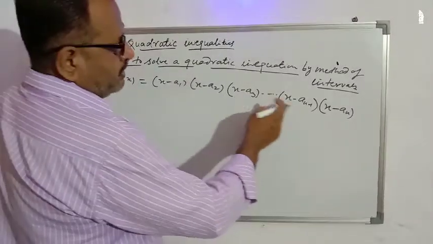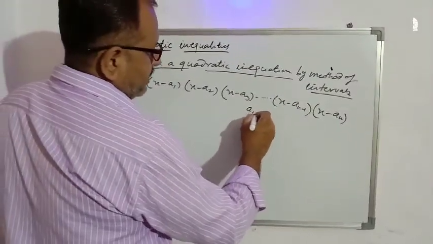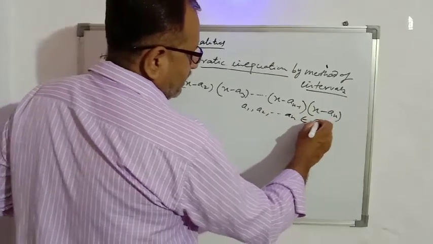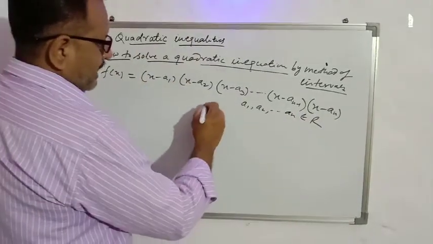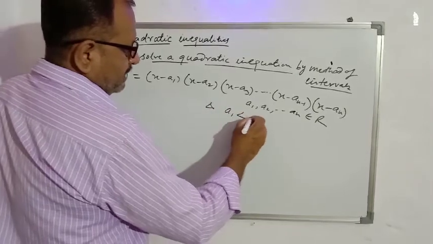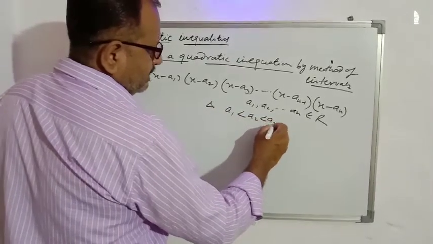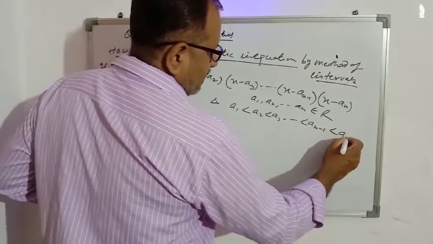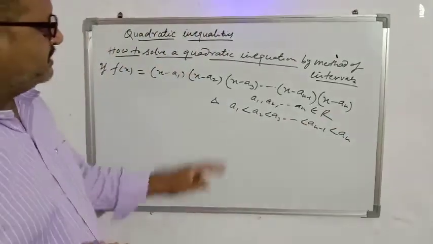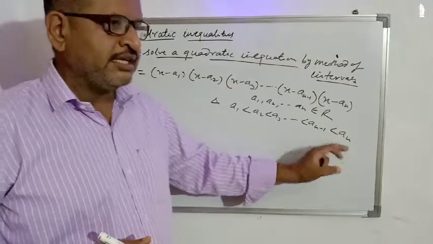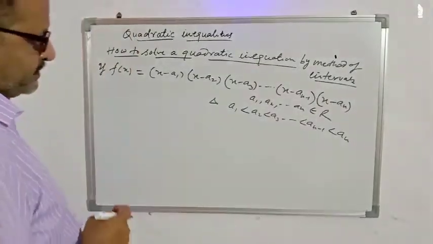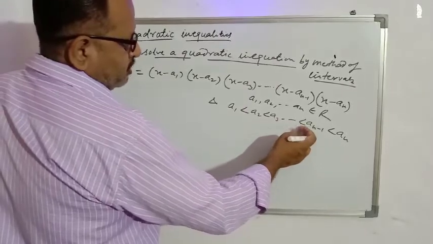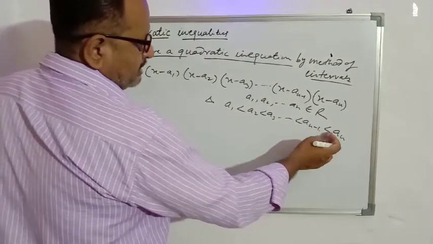What is a1, a2, a3? a1, a2 up to an, they are real numbers, and a1 less than a2, less than a3, less than a(n-1), less than an. Means a1 is the smallest, an is the largest. So a1 less than a2, a2 less than a3, and so on, less than a(n-1), less than an.